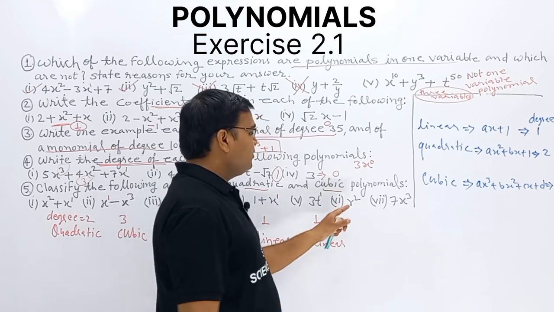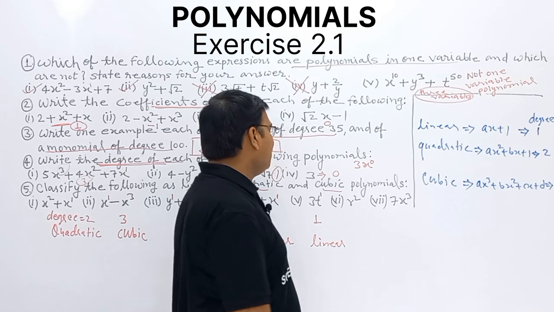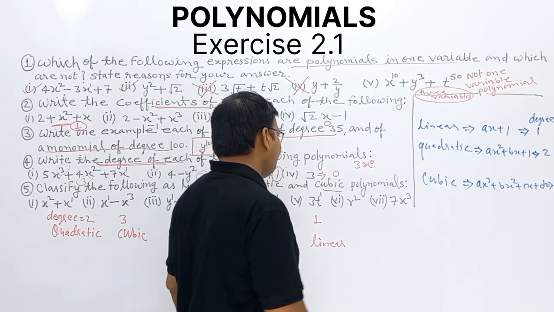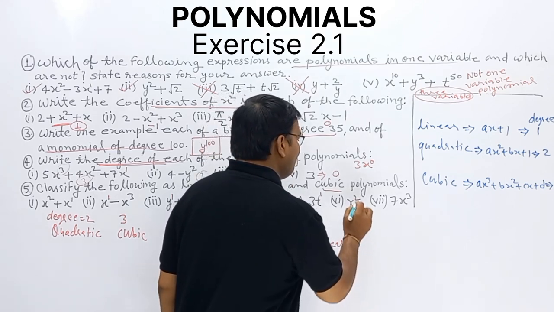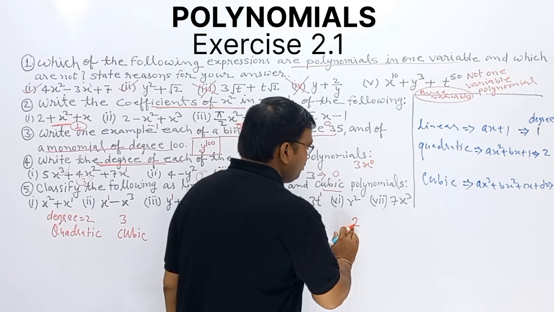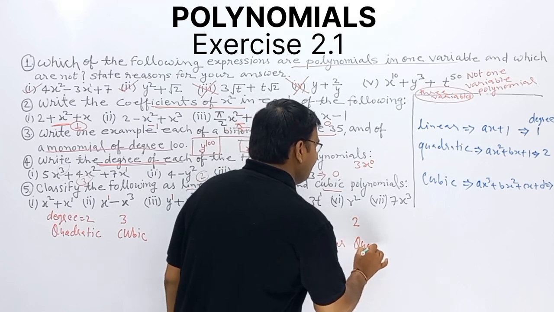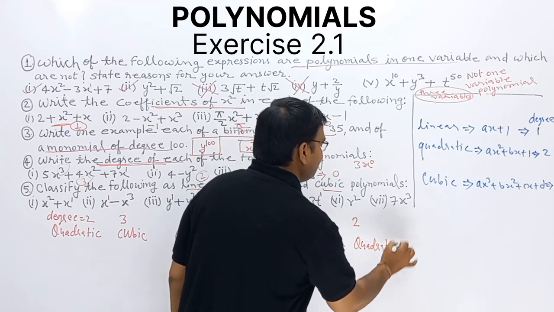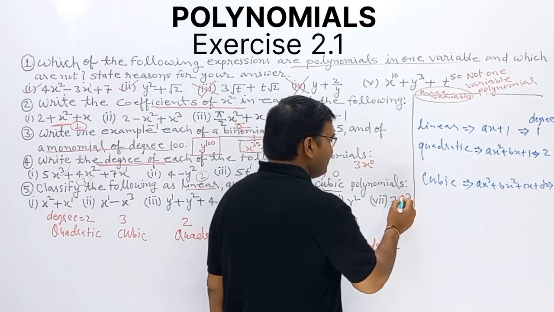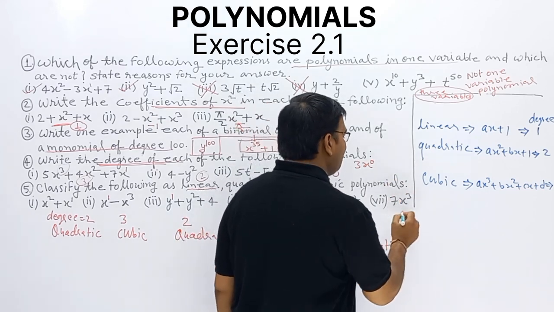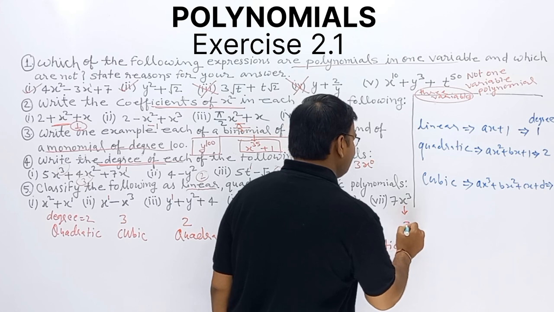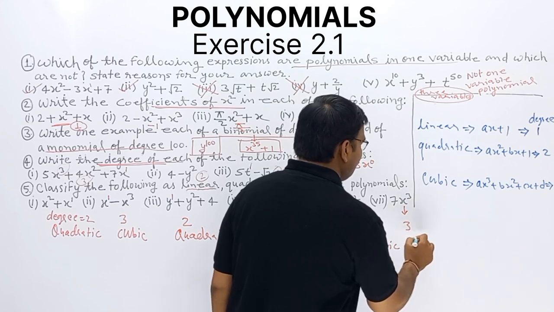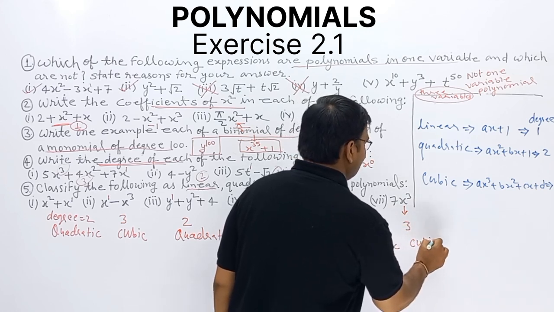Now this one, r is the variable and its maximum power is 2, so degree 2 and it is quadratic. Now last one, x is the variable and its power is 3, so its degree is 3, and once we have degree 3, that is called cubic.